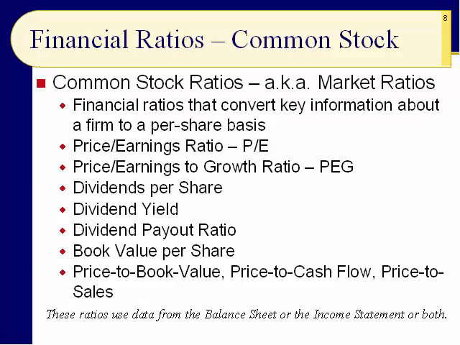Slide number 8. The first ones, and we've already taken a look at these, are the common stock ratios, also called the market ratios. They convert key information about a firm into a per share basis. And you remember the price to earnings ratio, the dividend yield, the dividend payout ratio, price to book, price to cash flow, price to share.